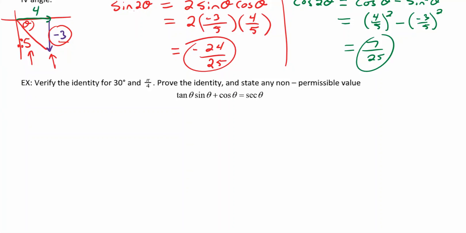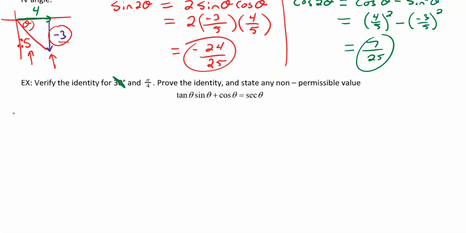All right, so now we're going to verify the identity. For the sake of time, because I can tell how long this video is lasting, we're just going to do it for pi over 4. And then we'll prove the identity and state any non-permissible values. So let's verify this first for pi over 4.